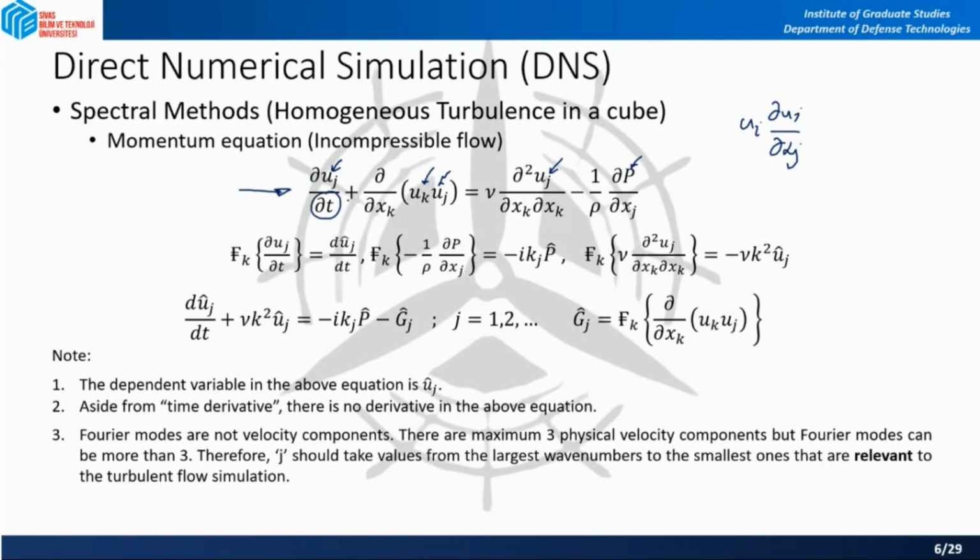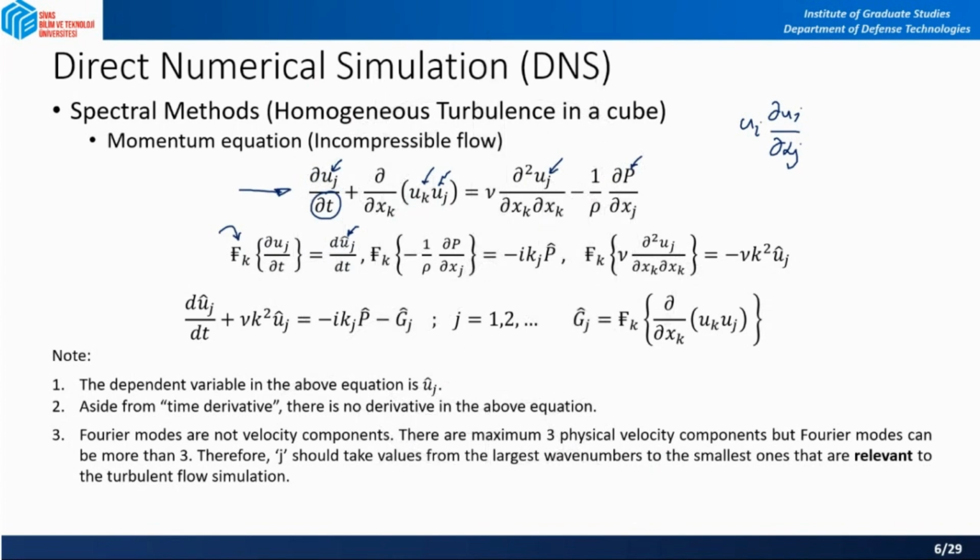So let's first start with the first term, duj dt. Operator F is applied to the first term and it gives us d uj hat dt, where u hat is the velocity in spectral space. We said that only this term will be there as a differentiation.